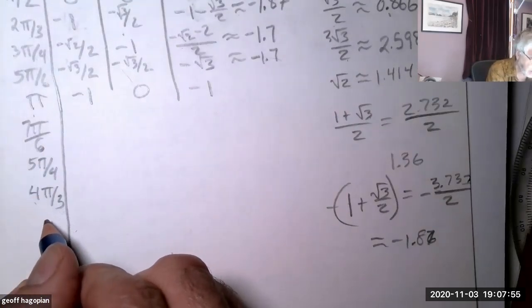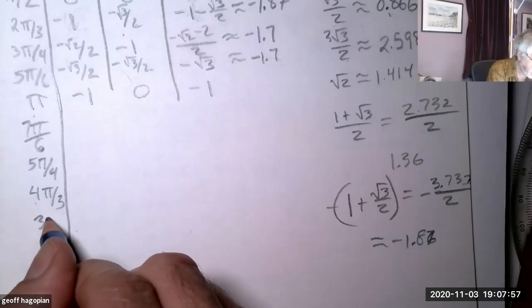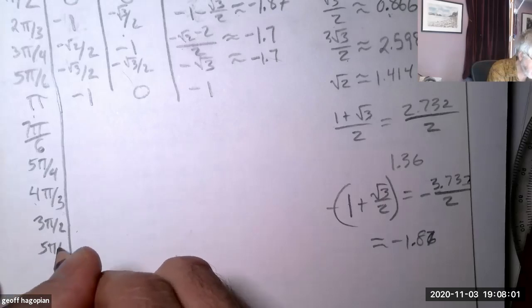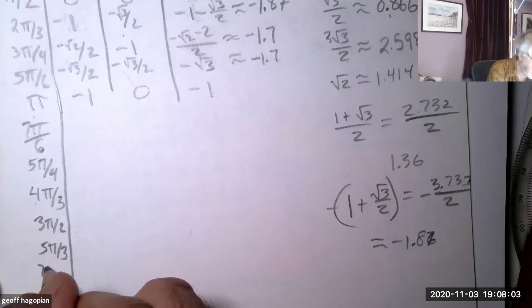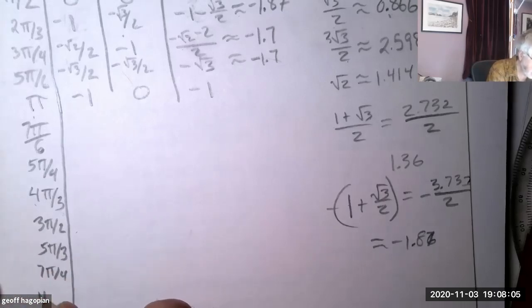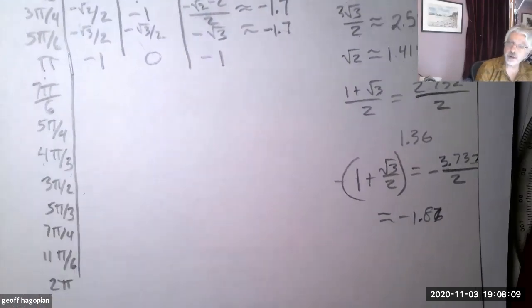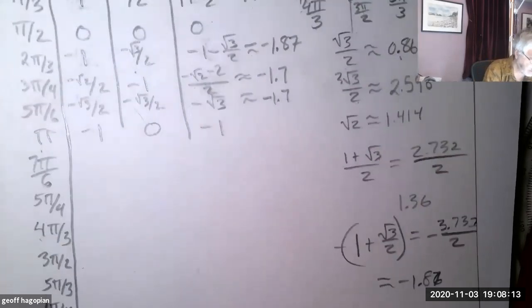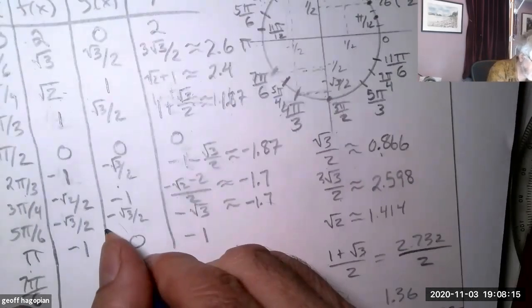And 4 pi over 3. And then we have 3 pi over 2, which is the South Pole, Penguin Land. 5 pi over 3, 7 pi over 4, 11 pi over 6, and then we're back home at 2 pi, right? So what are our function values at these points?